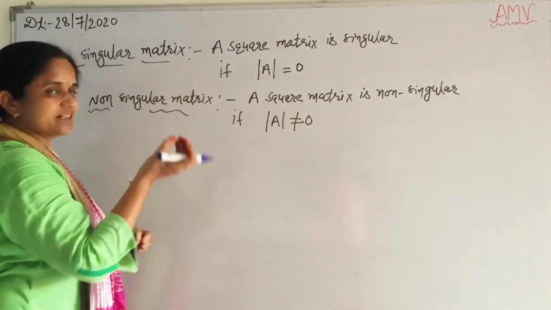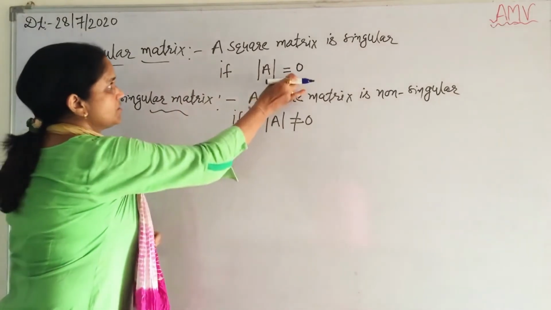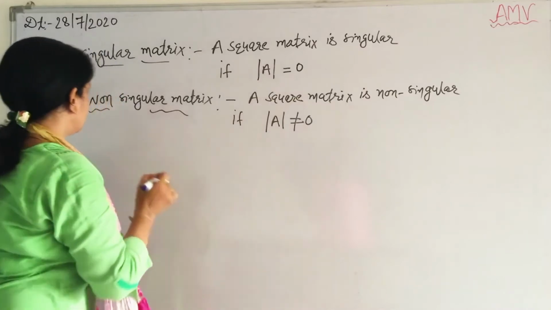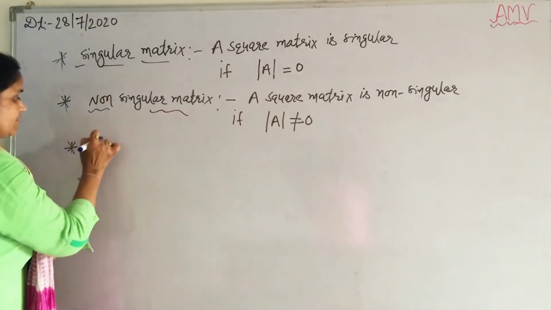Okay, find the determinant. If it is equal to 0, then singular, and if it is not equal to 0, then non-singular.